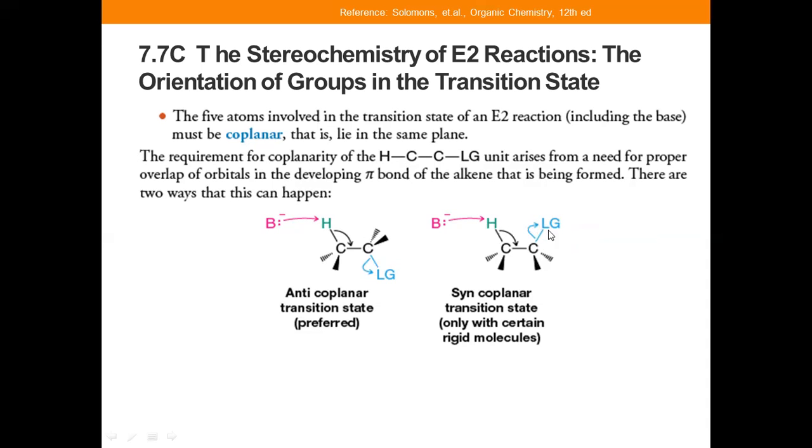Any base that would abstract your proton is close to an unshared electron pair. Imagine when the leaving group leaves, it brings with it its electron pair. Okay, and you have your proton here, hydrogen, with the developing positive charge.